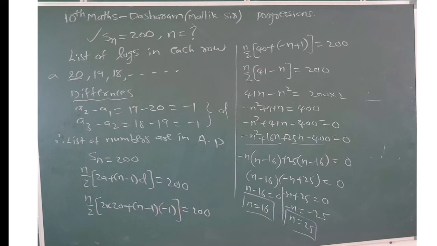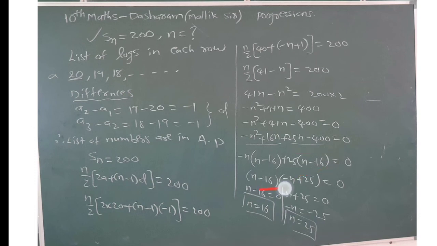Next, the quadratic equation is minus n square plus 41n minus 400 equals 0. Here I am writing 41n as 16n plus 25n. From the first two terms, minus n is common, so take the bracket n minus 16. Next, from the last two terms, 25 is common, n minus 16.